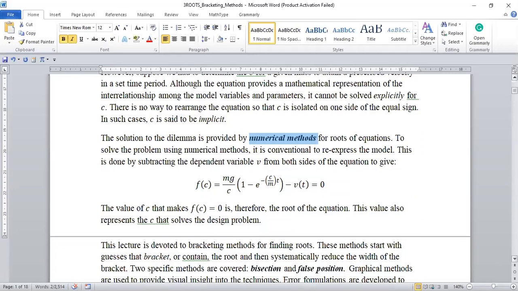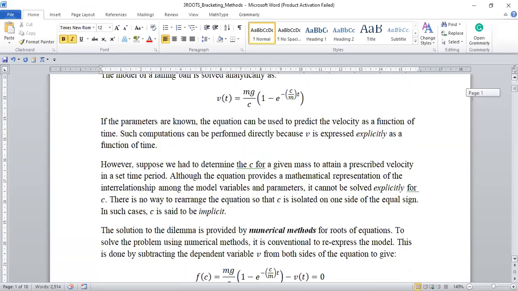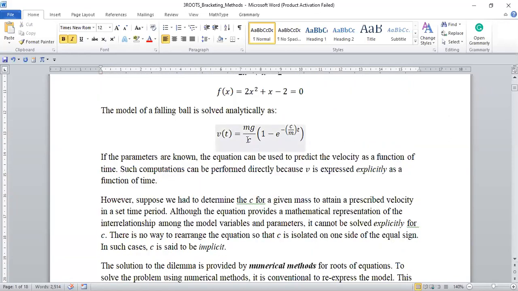In this example, we are going to be doing that. In order to solve it using a numerical solution, we are going to reduce the question, because the question now is asking us to get the value of C where all these constants are known. We are going to reduce it to finding the roots.